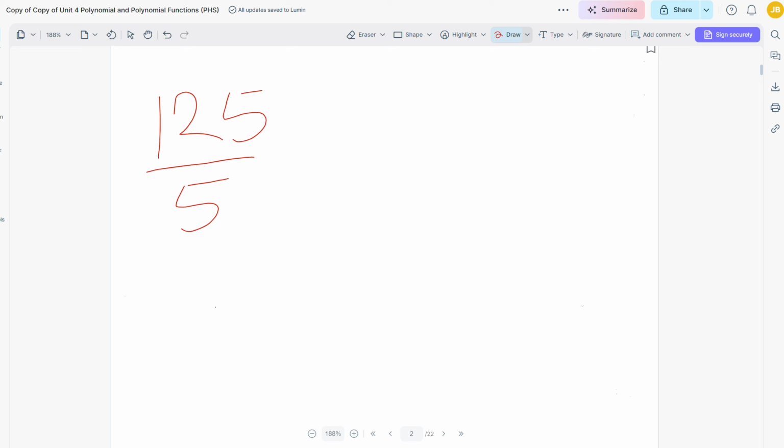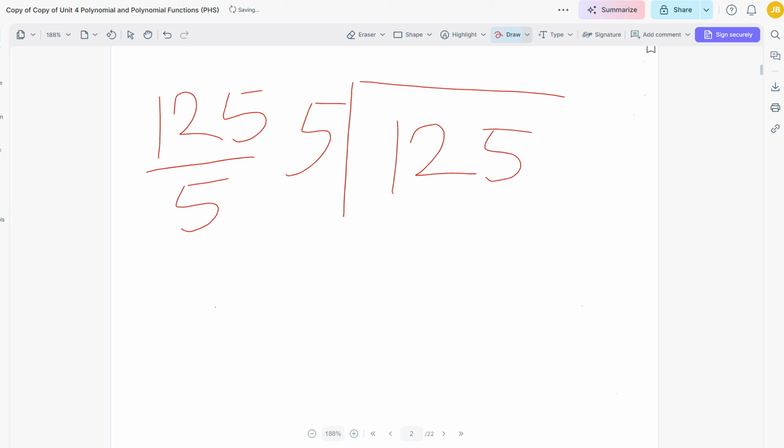If you don't know your division right away, you would use what is called long division, where you put your denominator here and you put your numerator inside of this little house looking thing. Now we're going to divide 125 by 5.